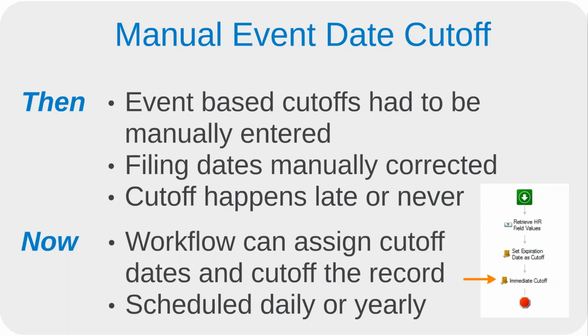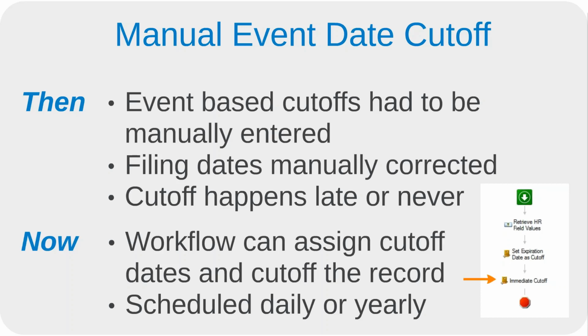Now, workflow can assign those cutoff dates and cut off the record, both, automatically. This is something that could be scheduled daily, so your records could be cut off. That's the piece that puts them into read-only, kind of protects them from user interaction during their retention time.